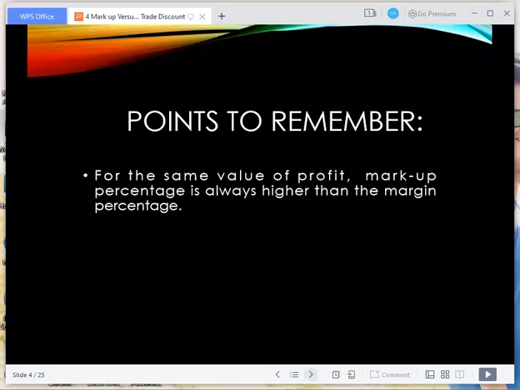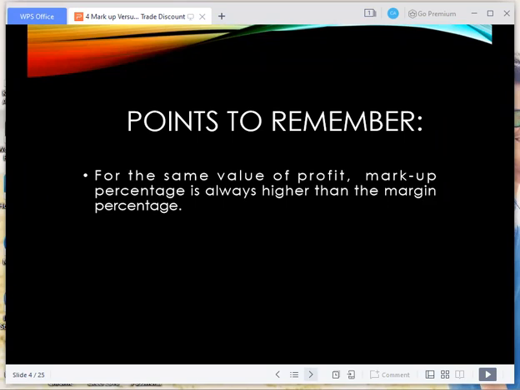So they are referring to the same percentage, but take note, markup is always higher than the margin. So based on the values defined earlier, 60% markup, 60% margin, they may be having different values of profit.